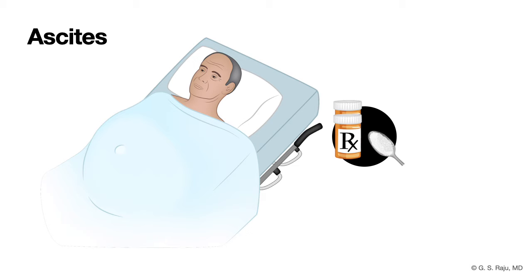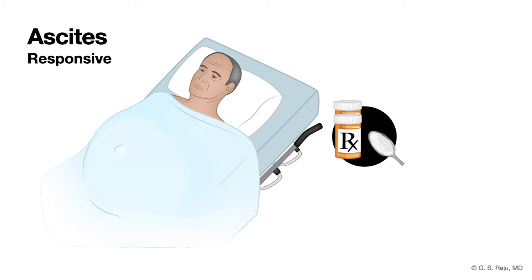And with that, if the patient loses weight and ascites resolves and is clinically not detected, you call that ascites something that has responded to your medical management, otherwise known as responsive ascites, responsive to therapy.